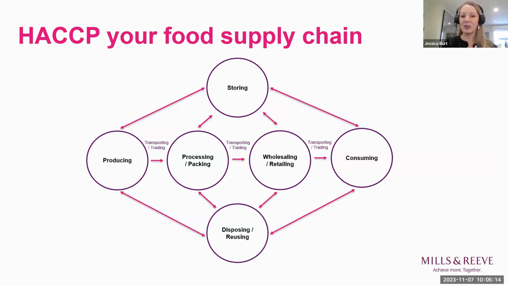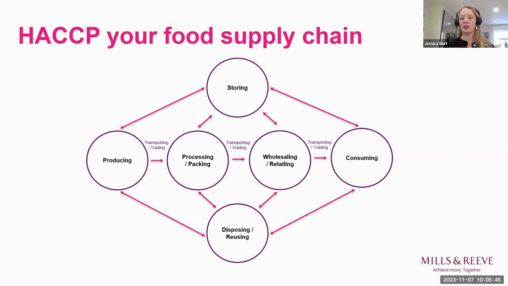So, as with any risk, it's really important to look through and think, where are those vulnerabilities? And it normally is where there is an exchange happening within the supply chain. So it would be at the point of procurement from your suppliers. It would be at the point of processing, it would be at the point of delivery to customers in particular, where there will be these sort of pinch points and vulnerabilities.